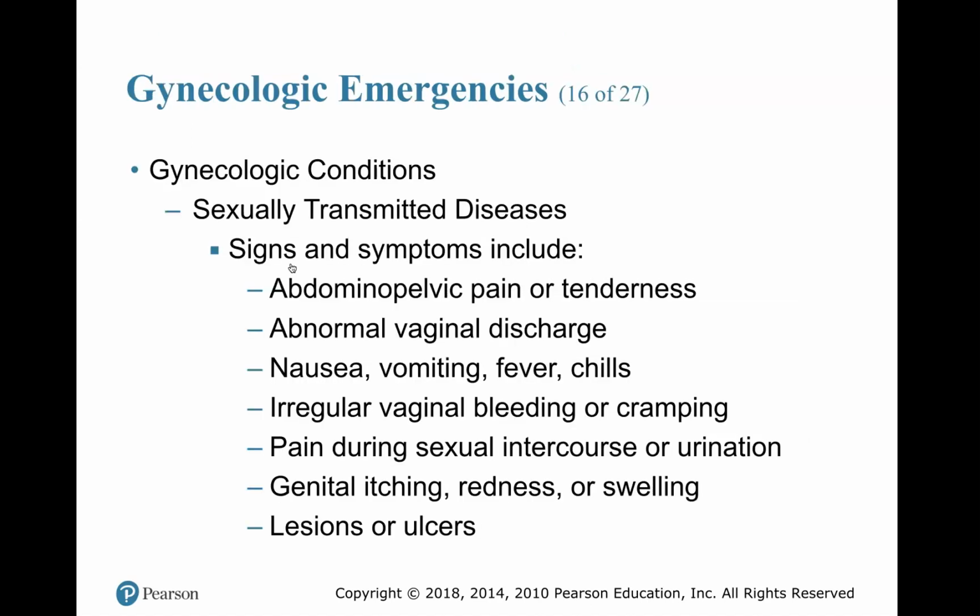Signs and symptoms of STDs include abdominopelvic pain or tenderness, abnormal vaginal discharge, nausea, vomiting, fever, chills, irregular vaginal bleeding or cramping, pain during sexual intercourse or urination, genital itching, redness or swelling, lesions or ulcers.